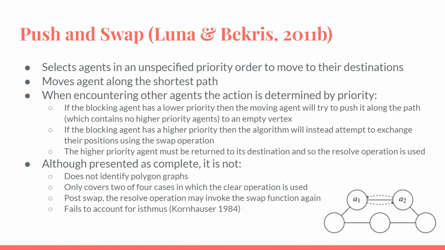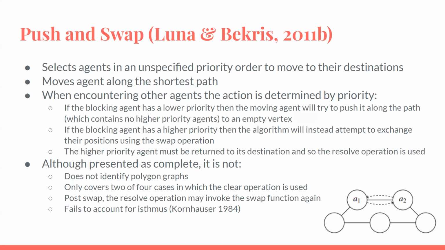In push and rotate, they develop new algorithms to decompose the problem into subgraphs, which I'll explain shortly. It also assigns these agents to the subgraphs and then determines the agent priorities based on the relation of the subgraphs.